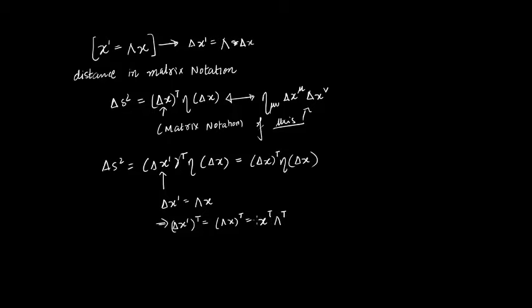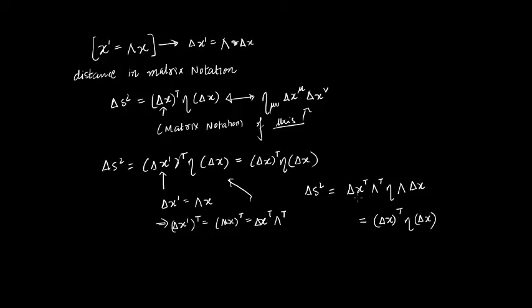So if we feed this all into this equation, delta s squared will be equal to delta x transpose lambda transpose our metric lambda delta x, and that must be equal to delta x transpose our metric times delta x.